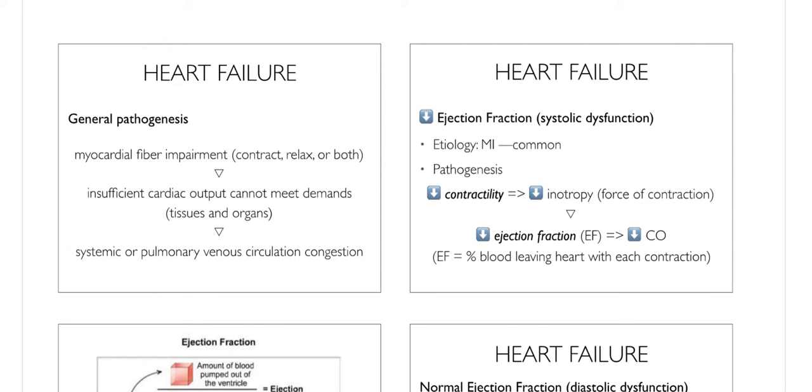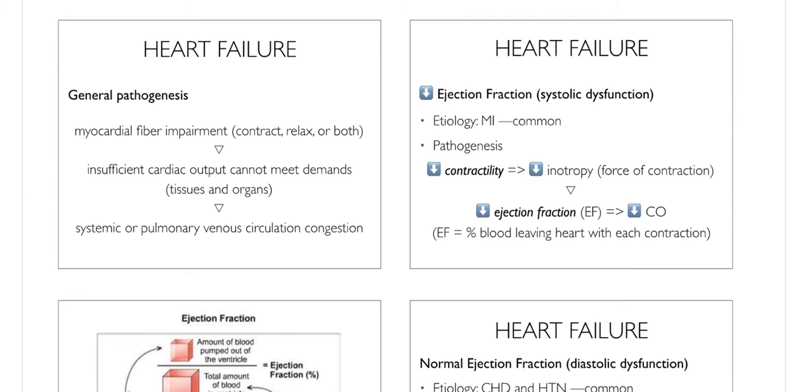So when it comes to heart failure with reduced ejection fraction, the most common etiology here is going to be a heart attack or myocardial infarction. And the main problem with heart failure with reduced ejection fraction is that we have a decrease in contractility.